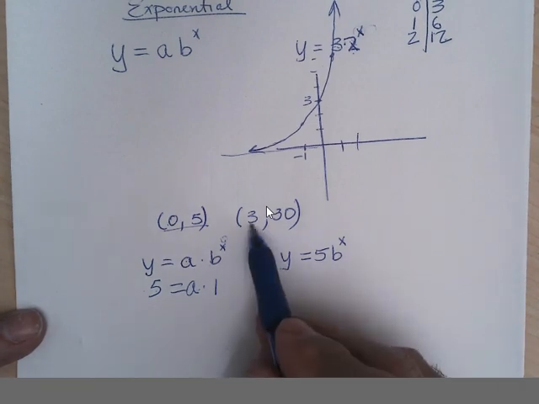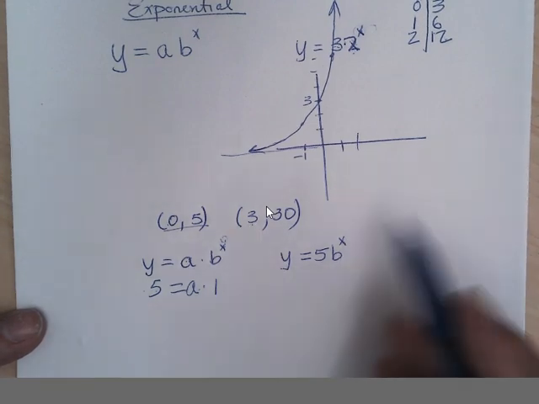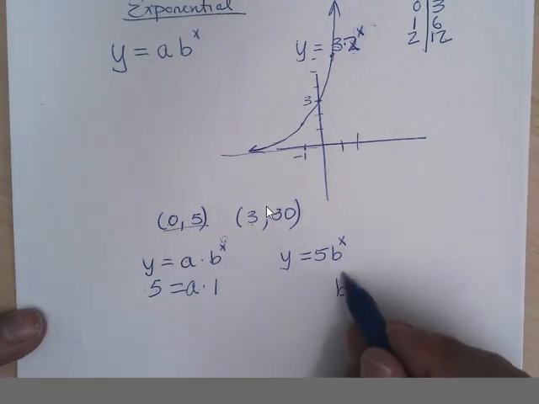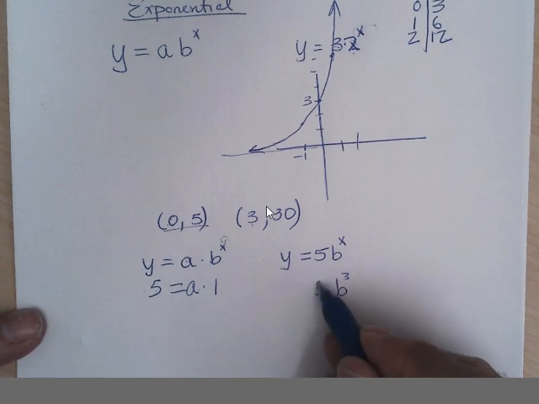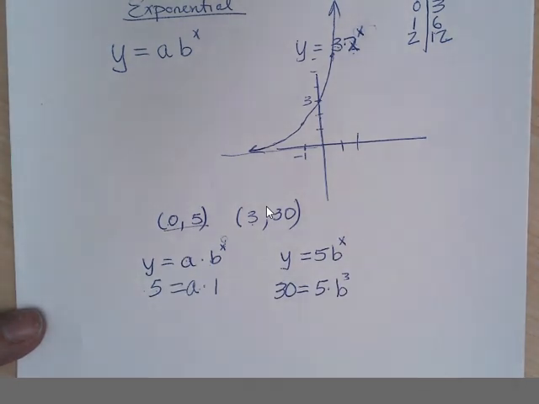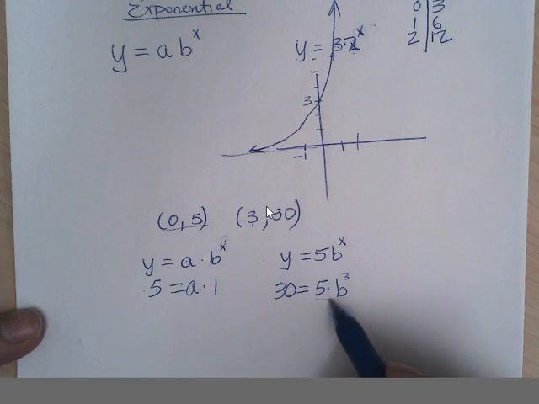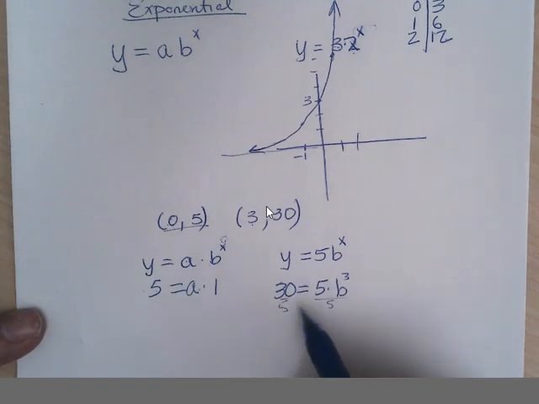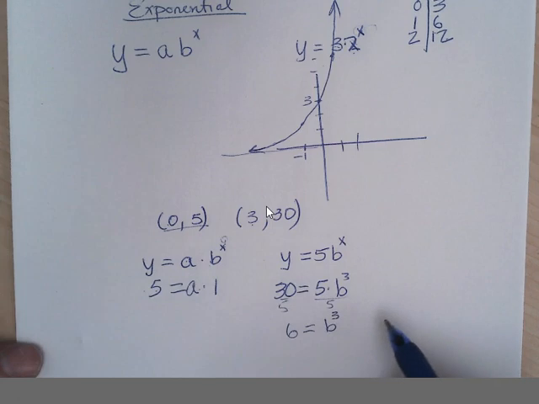And if I put in the 3 for the x, I'd get b to the third times 5, which would have to be 30. Then divide both sides by 5, and I'd get 6 equals b to the third.